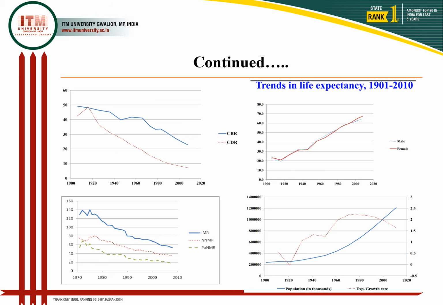At present, the life expectancy of females is higher than that of males. Another is the exponential growth rate of the population, which has been increasing from the past to the current stage, and we expect that it will not grow sharply. These are the different demographic trends that have been reported in our country.